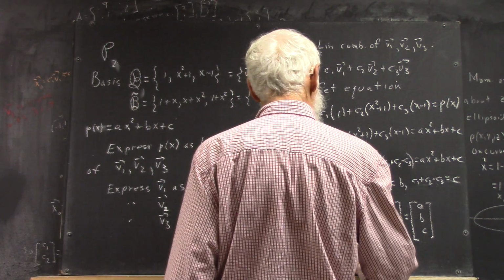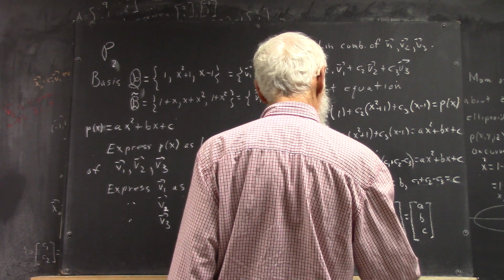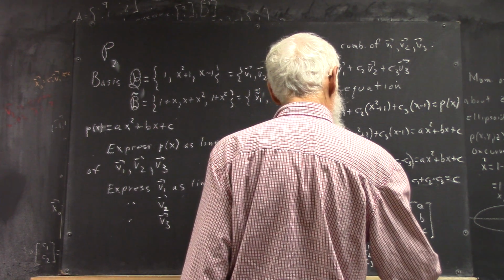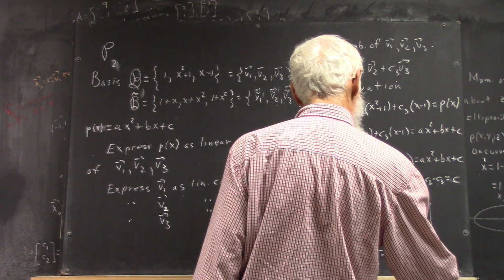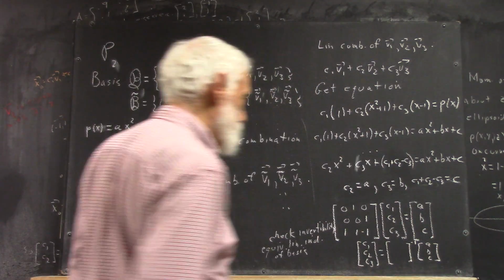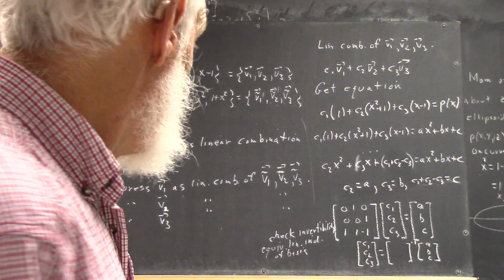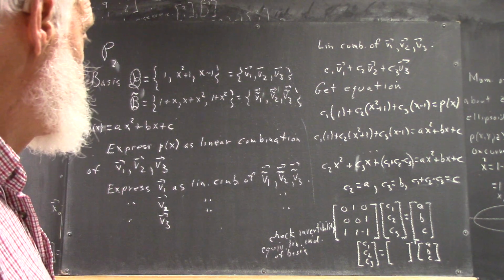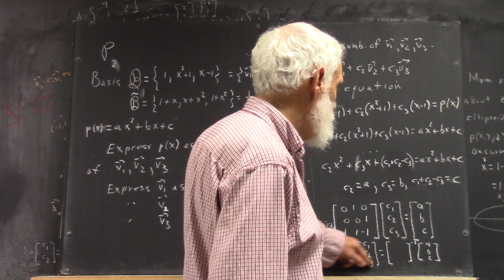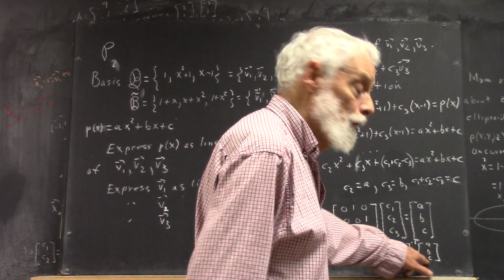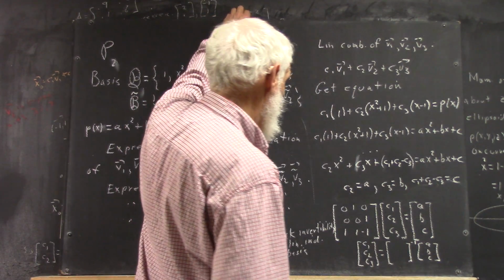And you get this. Okay? And this is the expression of the ABC vector relative to this basis.